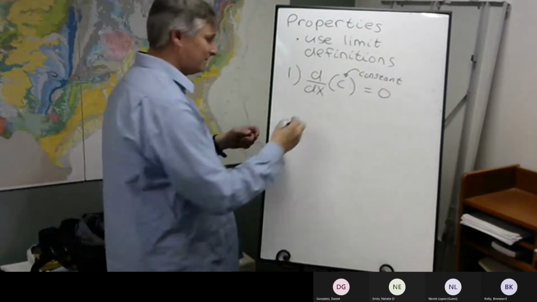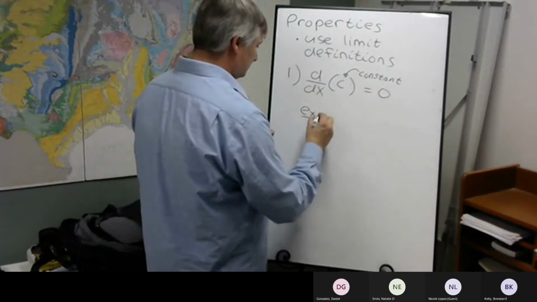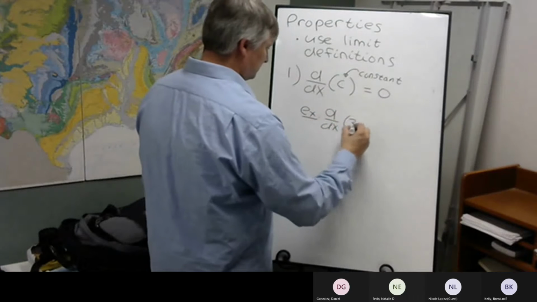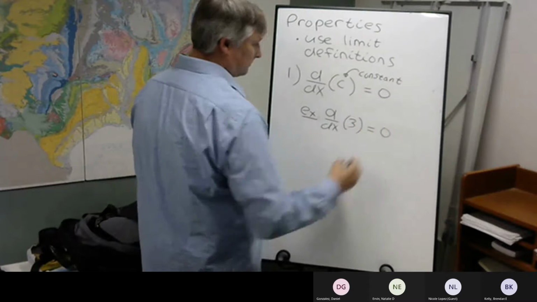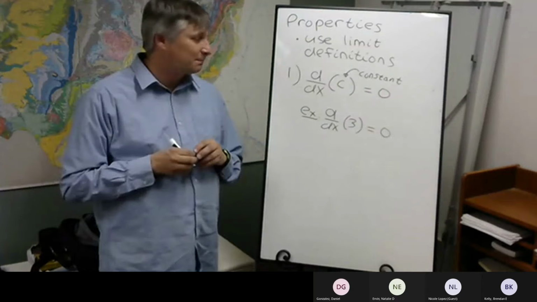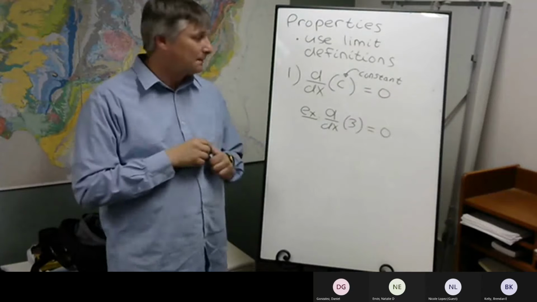So for example, d/dx of 3 is equal to 0. So that's for any constant.